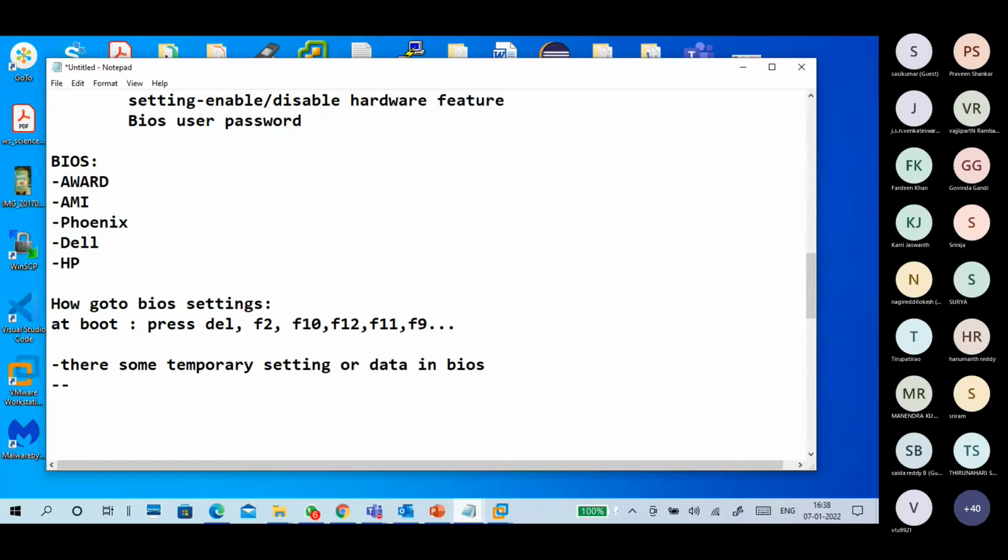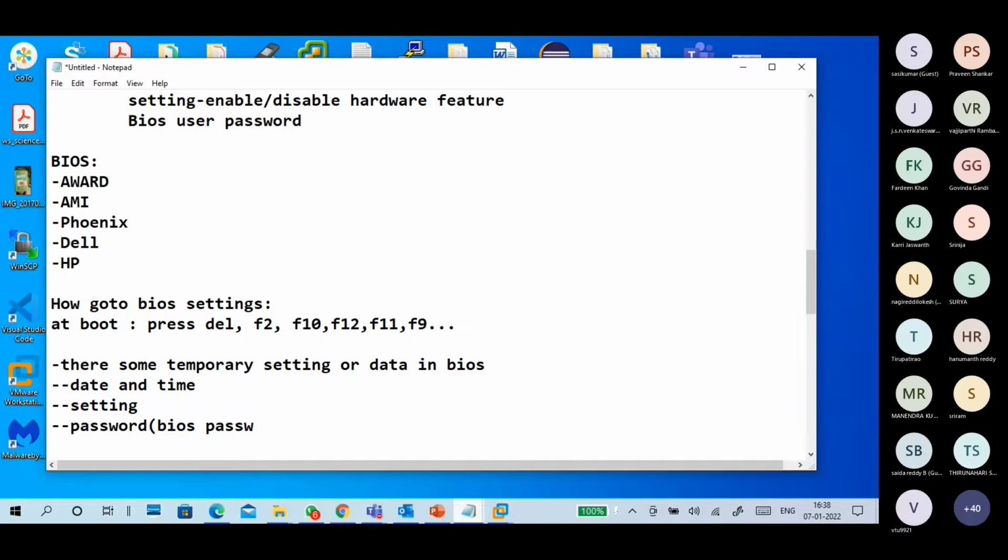What are they? Date and time. Settings. Generally, what are you changing in your settings? Date and time, password. BIOS password, not our password. What is this BIOS password, user password?